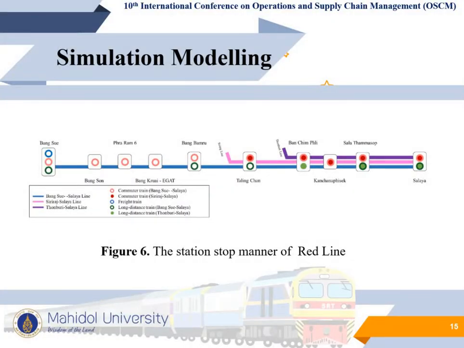Figure 6 shows the station stops of different train types on the Red Line. The blue color line is Bang Sue to Salaya. The commuter train stops at all stations, and long-distance trains stop at some stations. The freight train is non-stop.